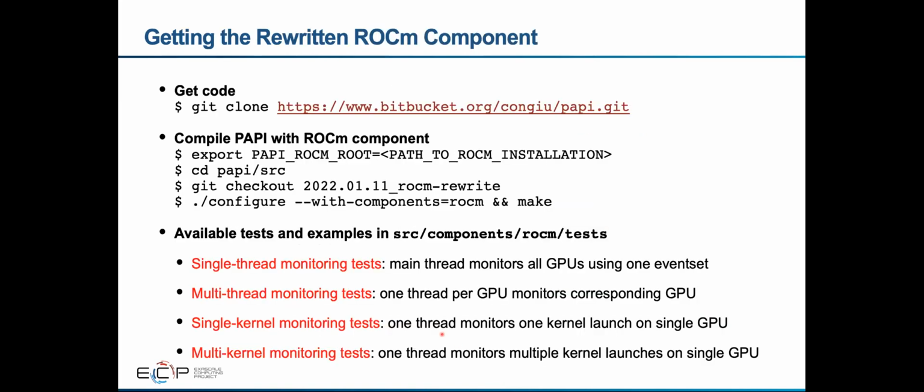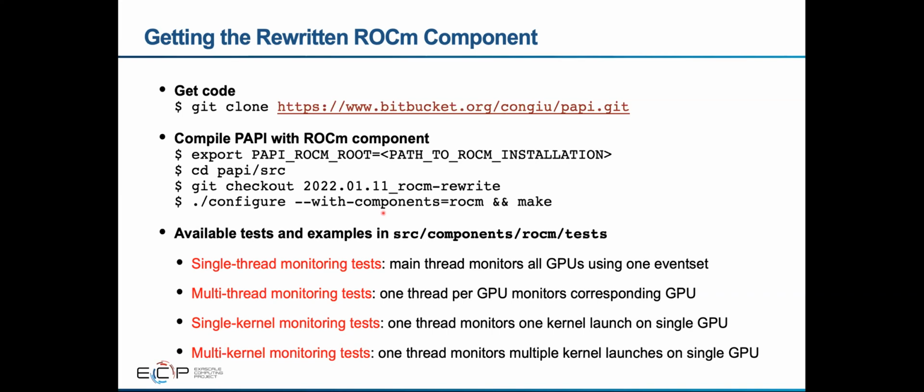So the new ROCm component is not yet in master. It will be merged soon, hopefully next month, along with the release of the new version of the library. At the moment, the component is sitting in a separate fork that can be cloned from the reported link over here.